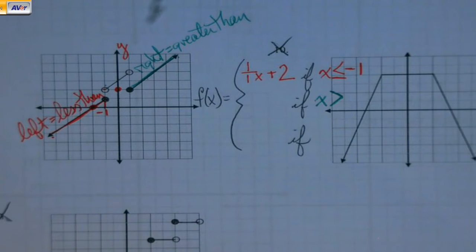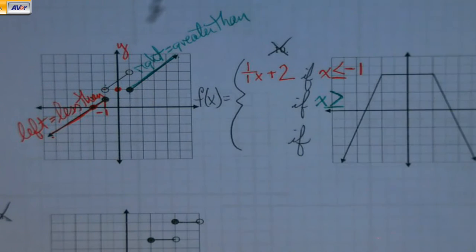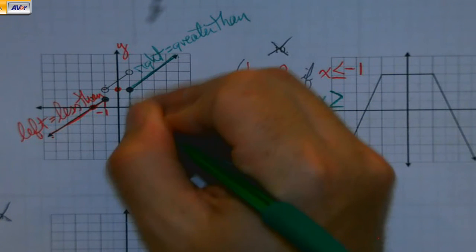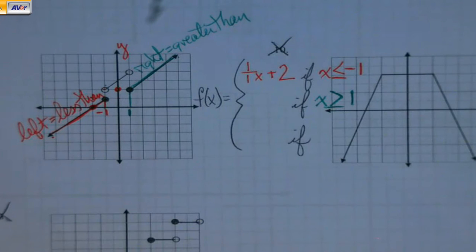Greater than's when the arrow eats x. So just like I did before, look at the dot. It's closed. So it's or equal to. Where is that dot in regards to the x-axis? Positive 1.